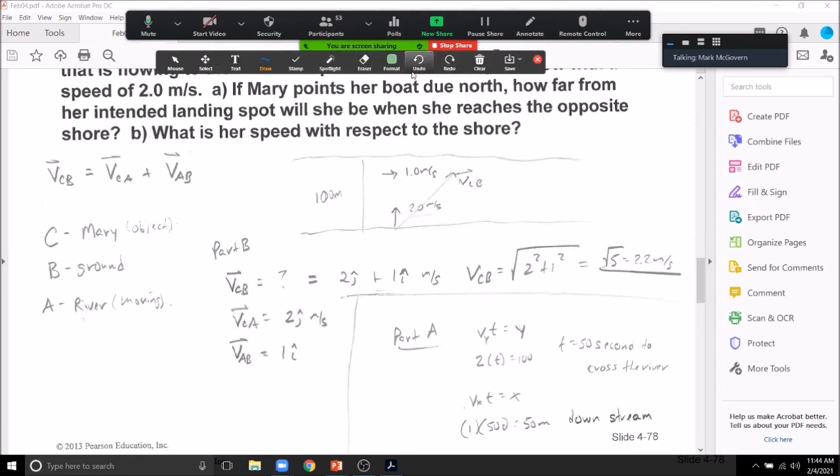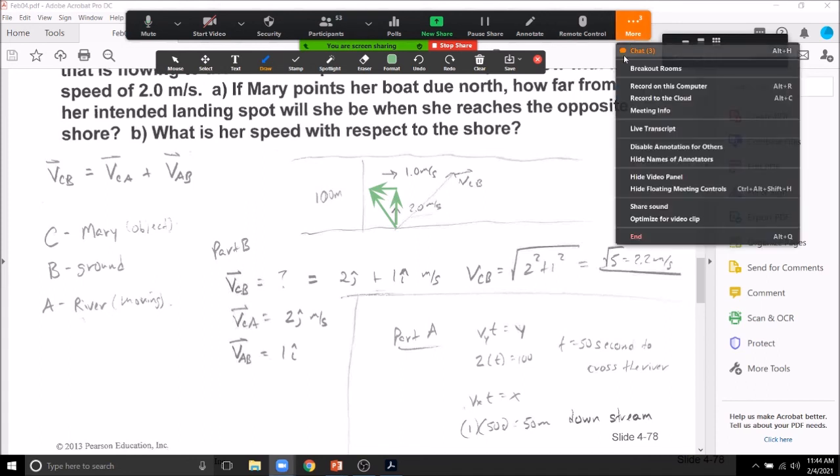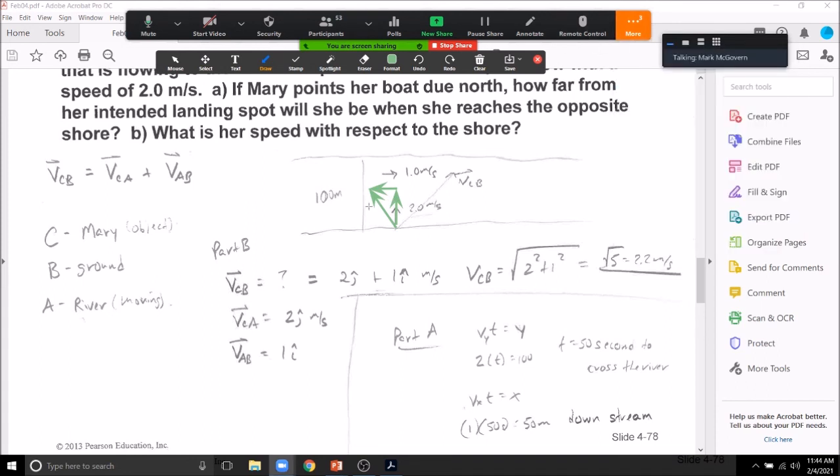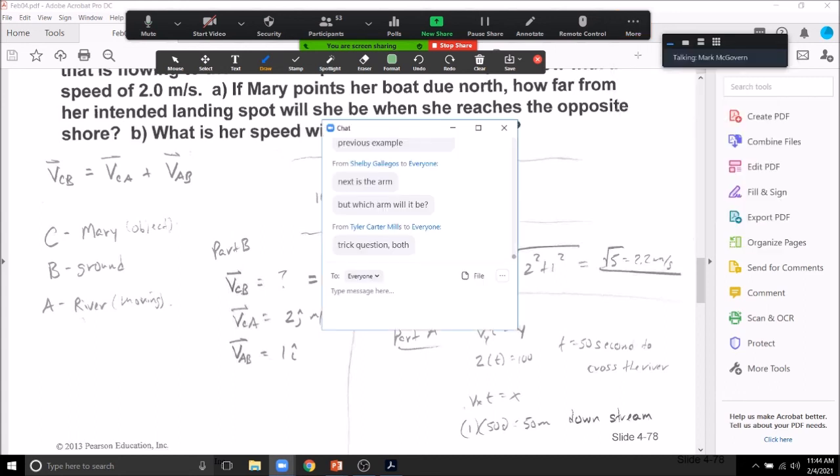You're trying to compensate for what the river's doing. So guess what? If you want to make sure that you truly maintain a northern direction, your velocity vector is probably going to be at an angle like this. And the y component of that vector has to match the river. If the y component of this vector matches the river, you've canceled out the river's effects. It's just going to look funny. You're going to be pointed at an angle, but you're going to go straight across.